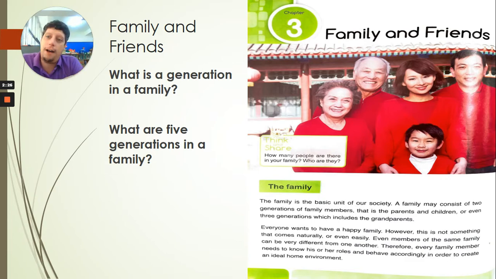And on my father's side, he has 7 brothers, so that's another 7 uncles. And he has 8 sisters, so that's another 8 aunties.